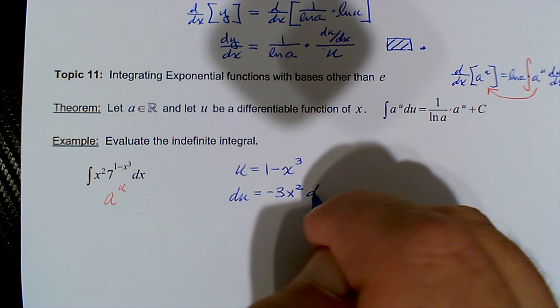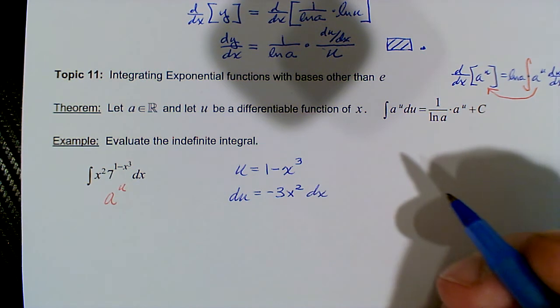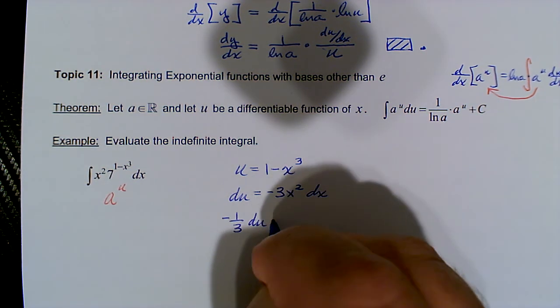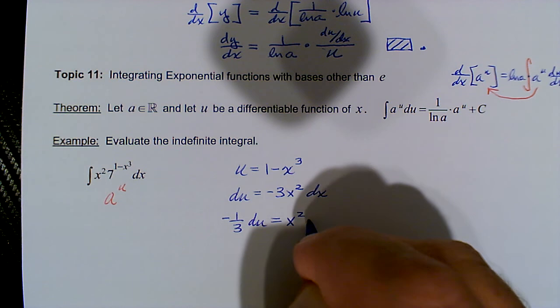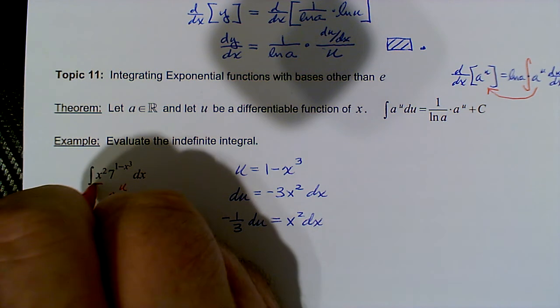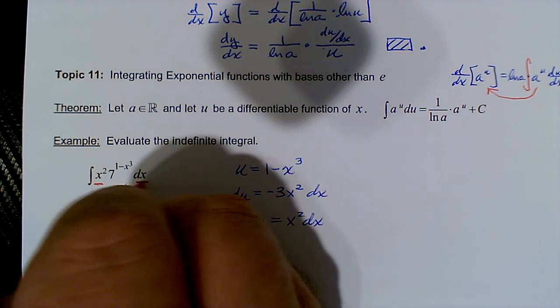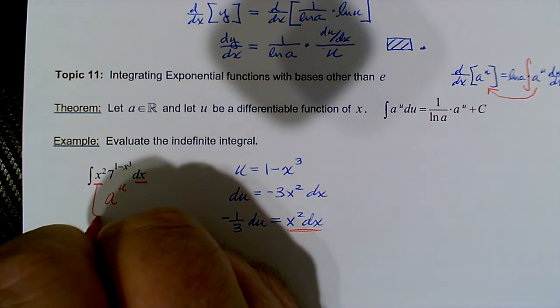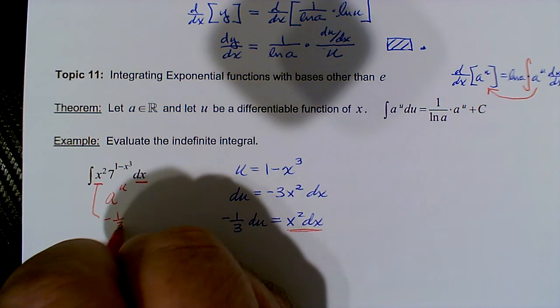We modify by the negative 3, so negative 1/3 du is x squared dx. And when we go back to the integral, we've already accounted for a to the u. We look at the leftover factors, x squared dx, and compare them to our du. No surprise they match in this case, just modified by the negative 1/3.